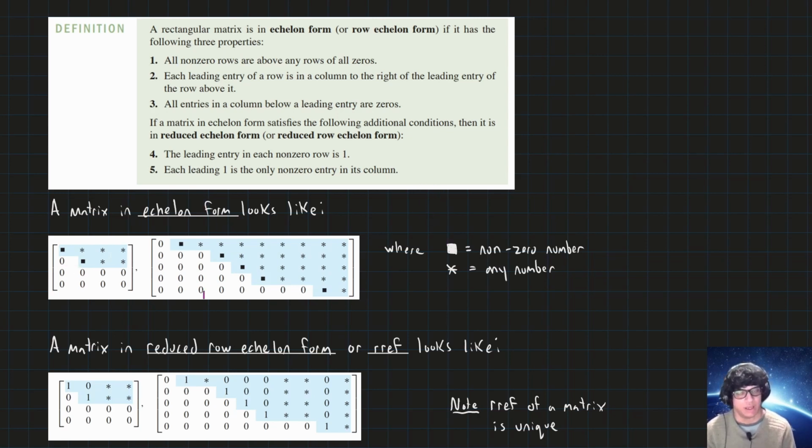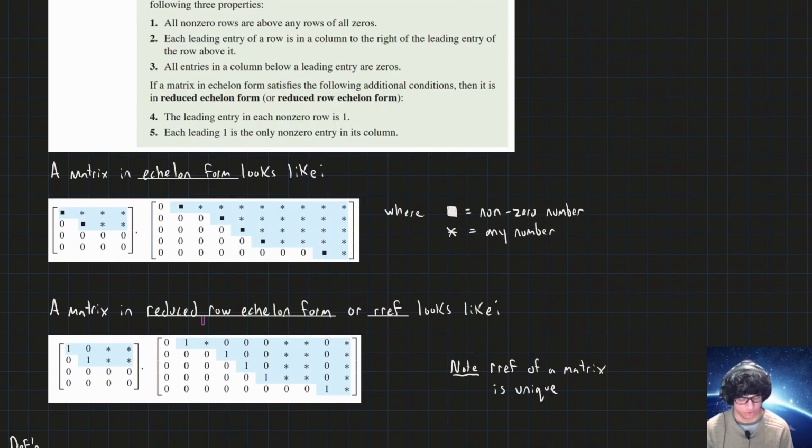And then if we do a little bit more work to it, we can get it into reduced row echelon form. These black squares are leading terms. They're the first non-zero entry in the rows, going from left to right.